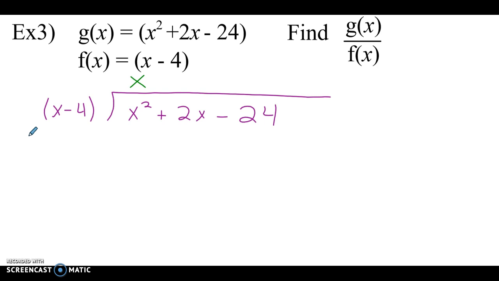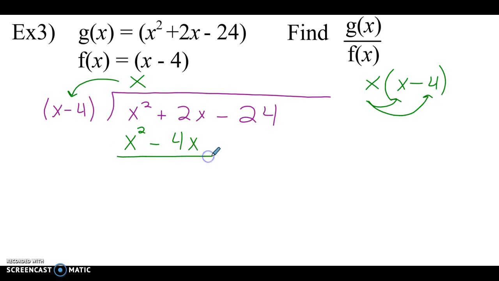Now what happened with whatever went up top just a second ago? It gets multiplied by what's in front. But what's in front is a linear binomial. So x times what's in front looks like this, which gives me x squared minus 4x.